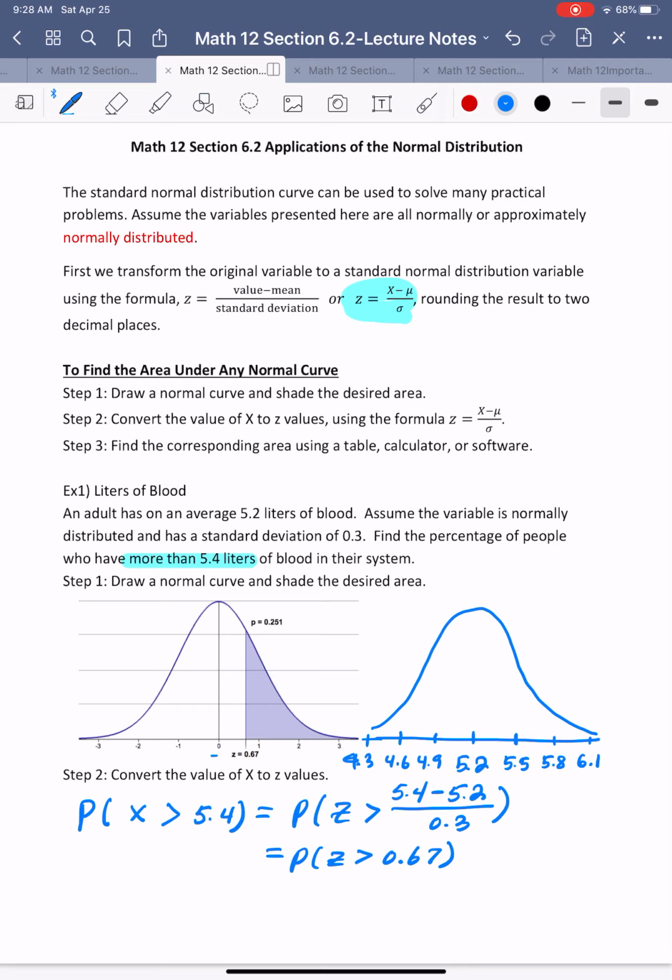But the area that the table shows us is always less than, so we have to convert it. So we have to change it to 1 minus P of z is less than 0.67. If you use a table, let me show you how to use a table.